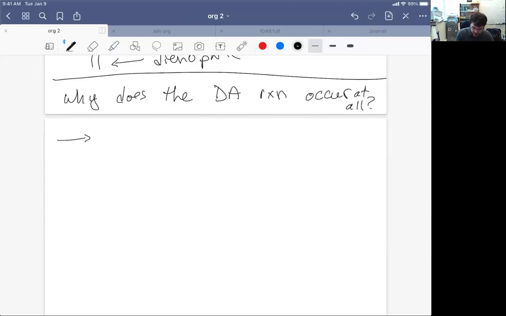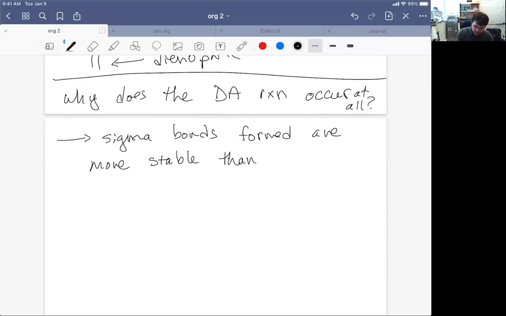And we can just say, in general, the sigma bonds formed are more stable than the pi bonds lost.